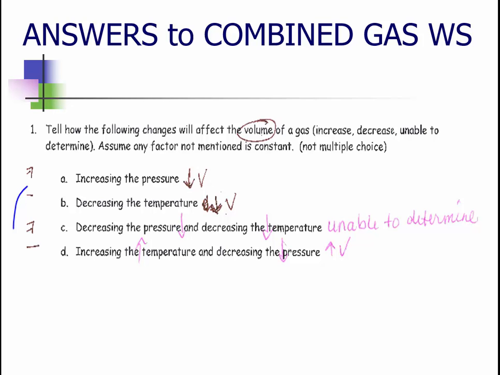So at that point, we are unable to determine what is actually going to happen because they're going in opposite directions. For letter D, if you increase the temperature, obviously volume is going to go up. And if you decrease the pressure, the volume is also going to go up. So in that case, we have an increase in the volume.